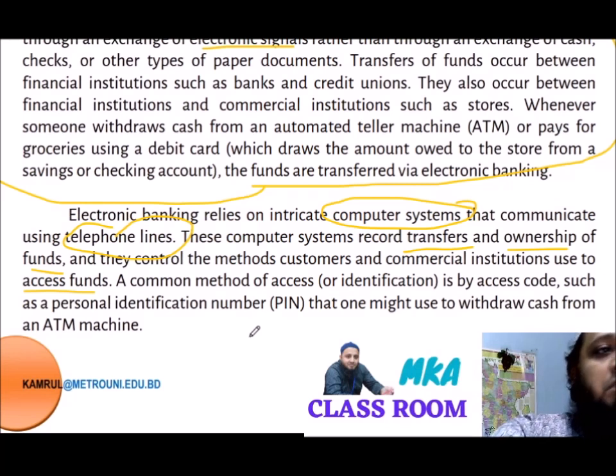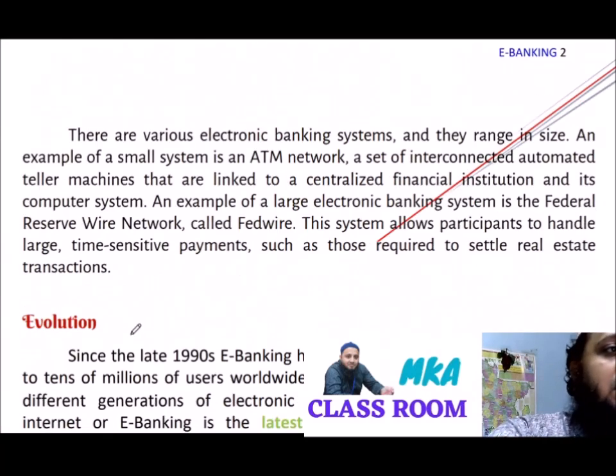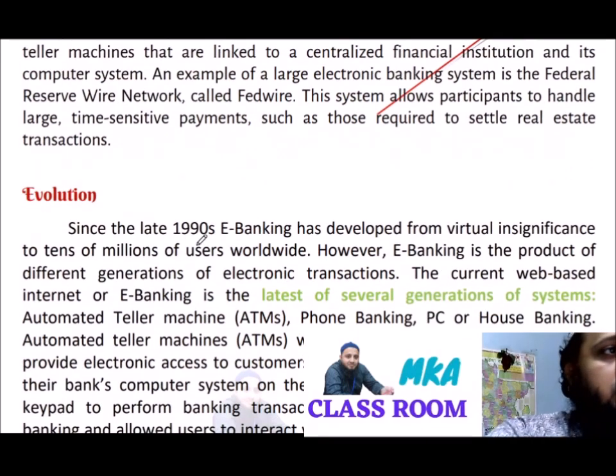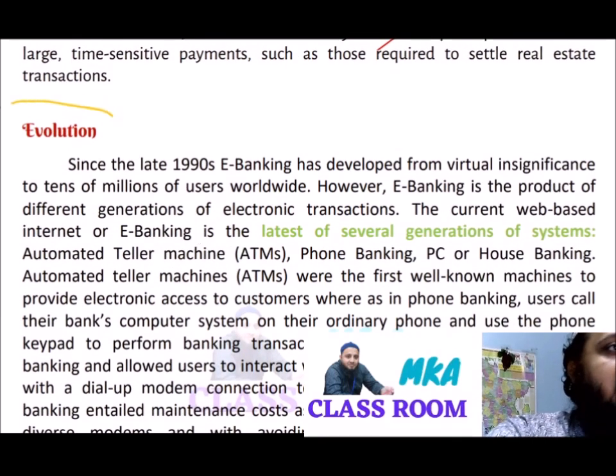A common method of access is by an access code such as a personal identification number. That means you have a PIN code, which helps you withdraw your funds. These all consist of electronic banking.